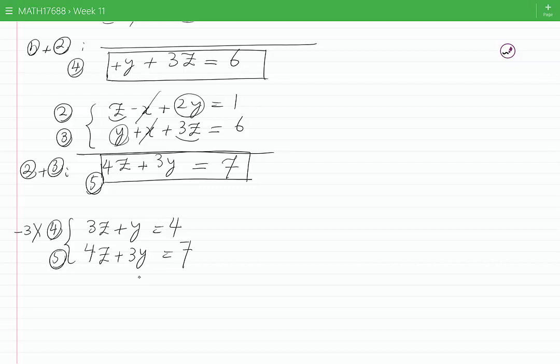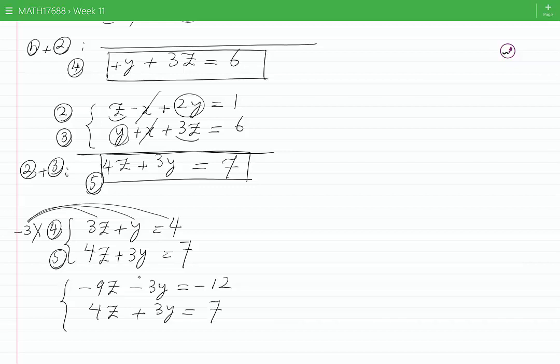This means you need to multiply minus 3 into every term in that equation, into 3z, into y, and into 4. If we continue, we find that minus 9z minus 3y is equal to minus 12. Equation 5 is 4z plus 3y is equal to 7.